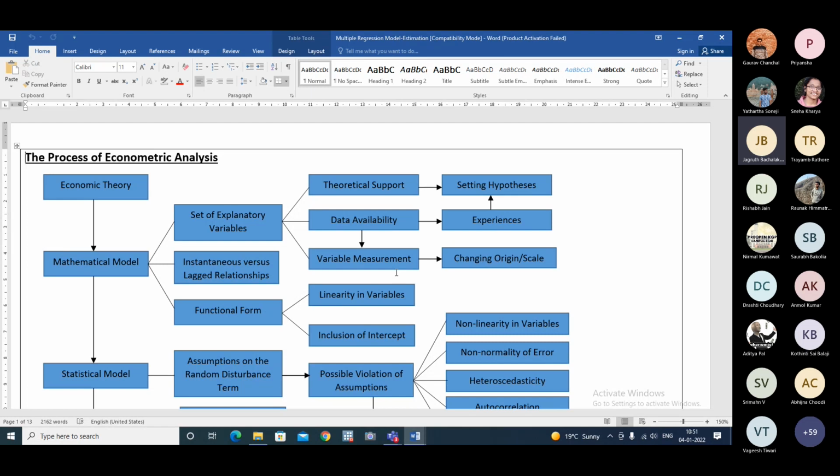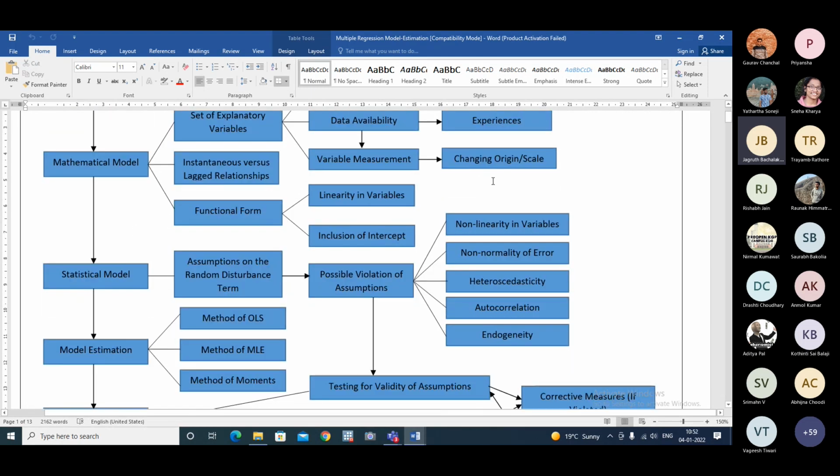Now, once the mathematical model is set, we'll convert it into a statistical model by adding the random disturbance term. So when I'm going for testing the validity of the law of demand, I'm writing yi is equal to alpha plus beta xi. That's the mathematical model.